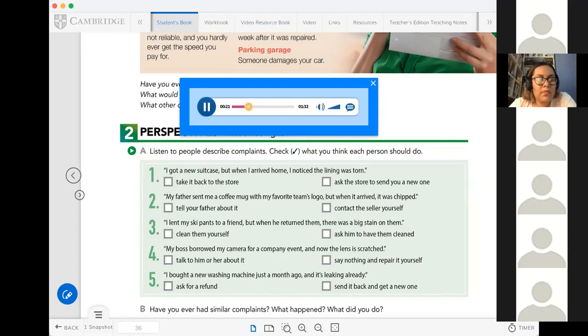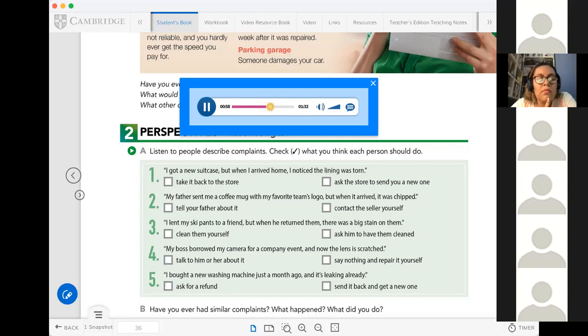Page 36. Exercise 2. Perspectives. That's not right. Part A. Listen to people describe complaints. Check what you think each person should do. 1. I got a new suitcase, but when I arrived home, I noticed the lining was torn. Take it back to the store. Ask the store to send you a new one. 2. My father sent me a coffee mug with my favorite team's logo, but when it arrived, it was chipped. Tell your father about it. Contact the seller yourself. 3. I lent my ski pants to a friend, but when he returned them, there was a big stain on them.